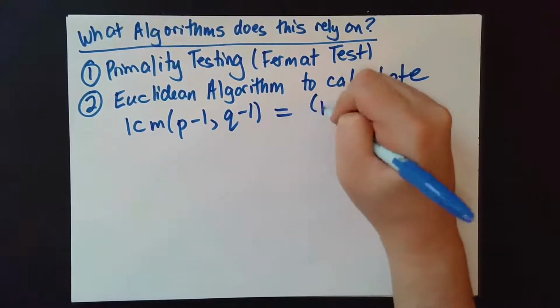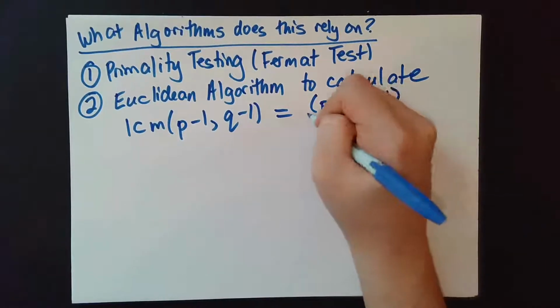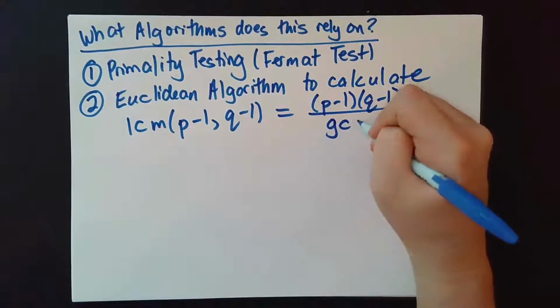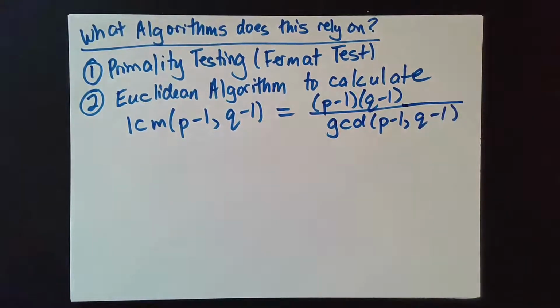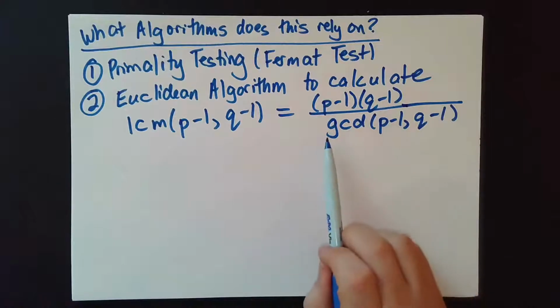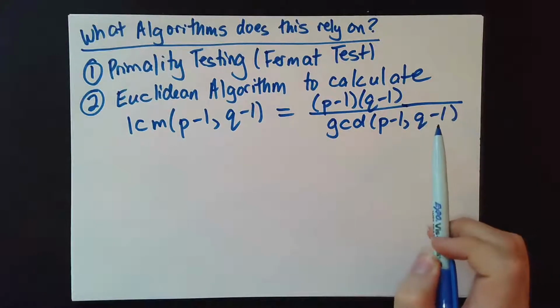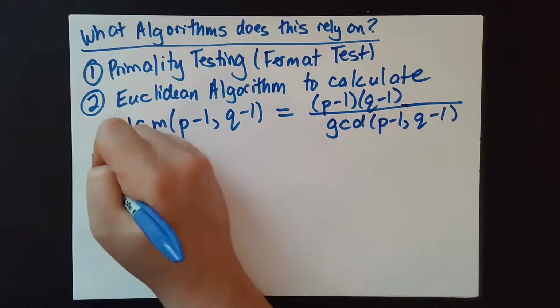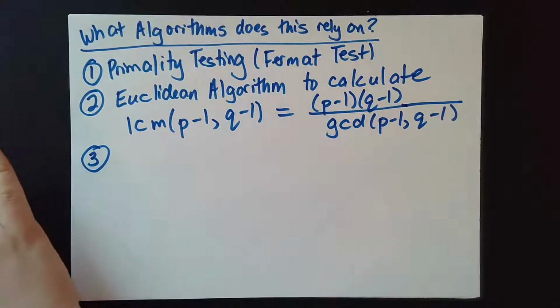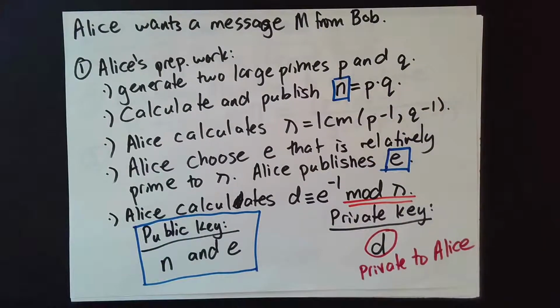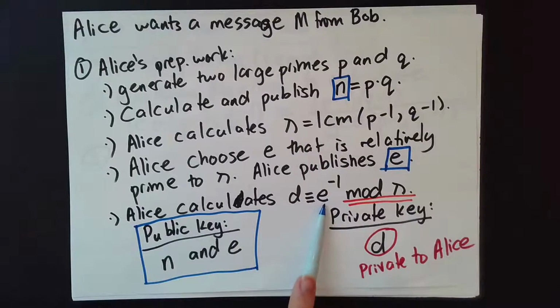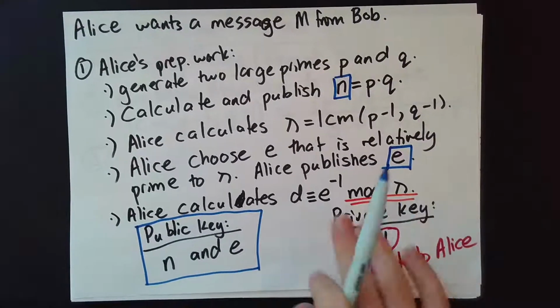You calculate p minus 1 times q minus 1, and then you divide it by the greatest common divisor of p minus 1 and q minus 1. Okay, and so the Euclidean algorithm handles calculating the GCD of p minus 1 and q minus 1. Next up, we need the extended Euclidean algorithm to calculate E inverse mod lambda.